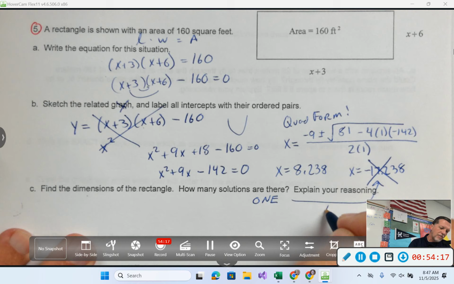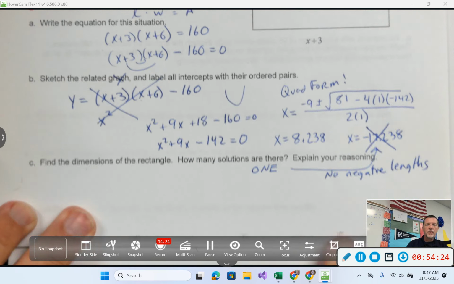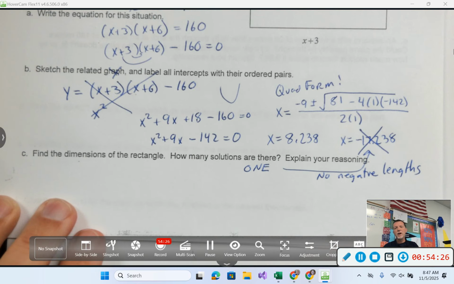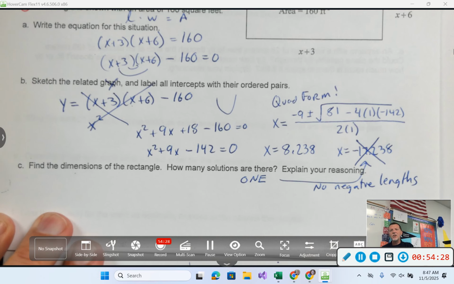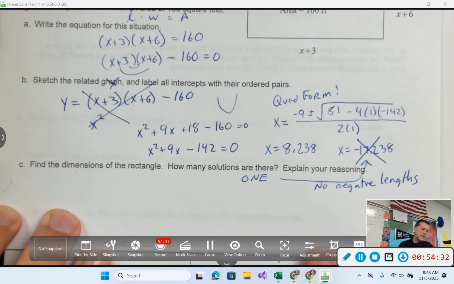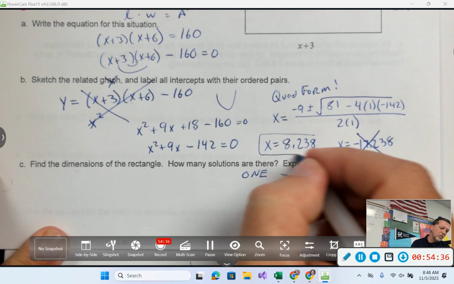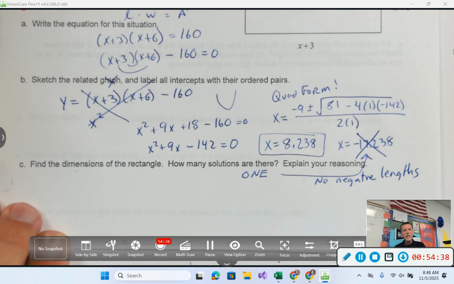Because you can't have negative lengths. You can't have a box that's negative 17 long. I do need to be careful. I haven't answered the question fully yet.